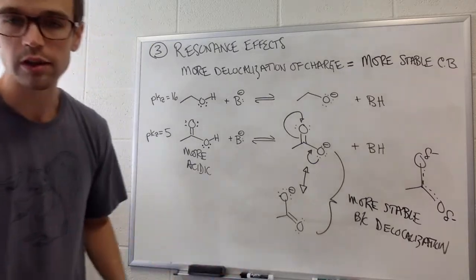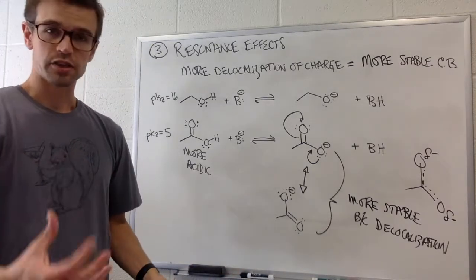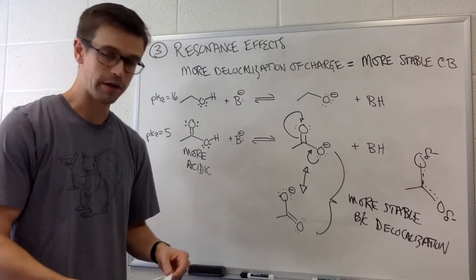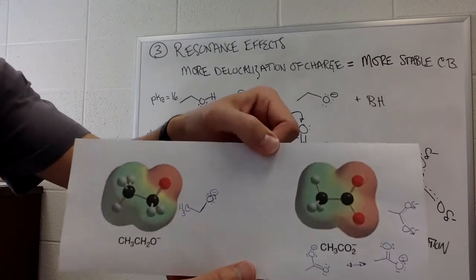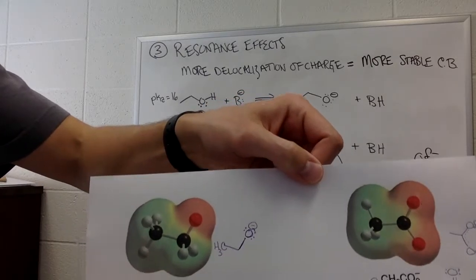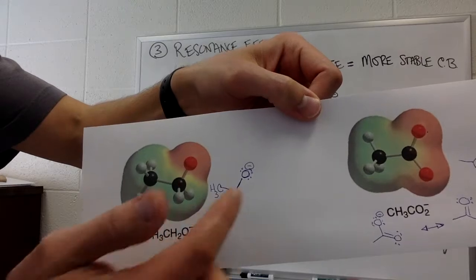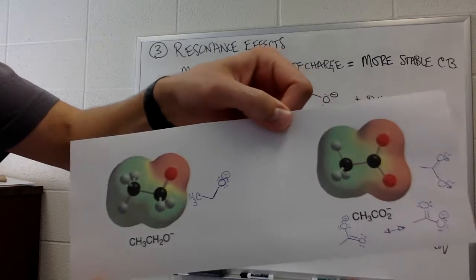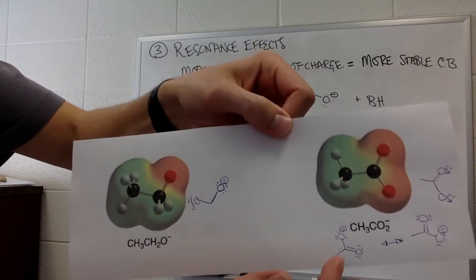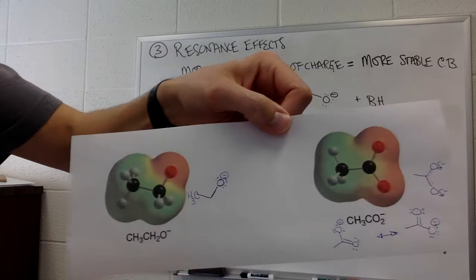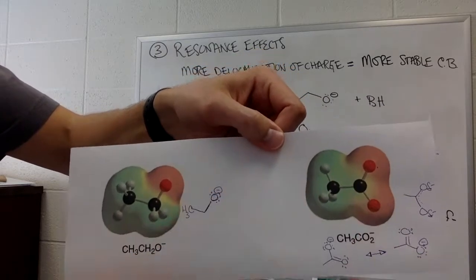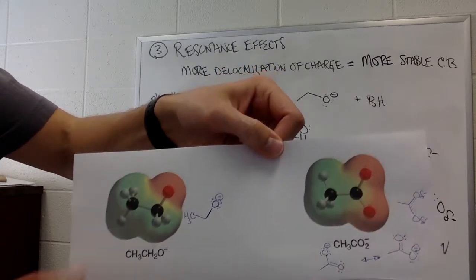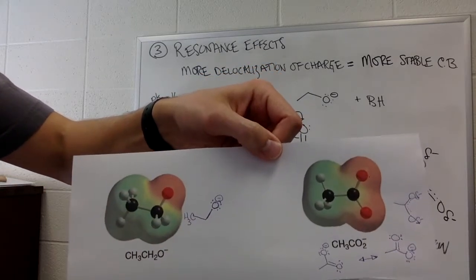And again, we can look at the electrostatic potential map to further illustrate this concept, and comparing ethanol right here. There's ethanol where the charge is fully focused, it's very red right on that oxygen atom, versus the acetate anion here is sharing the electron density between both of those oxygen atoms. It's a more orangish color instead of the redder color on this one, and you can see that it's delocalized over those two atoms.